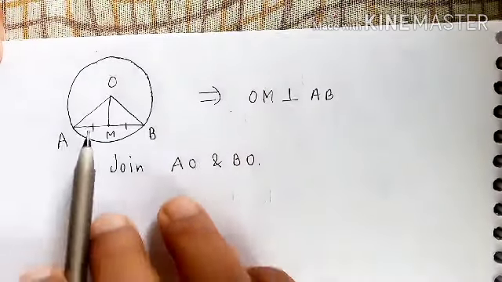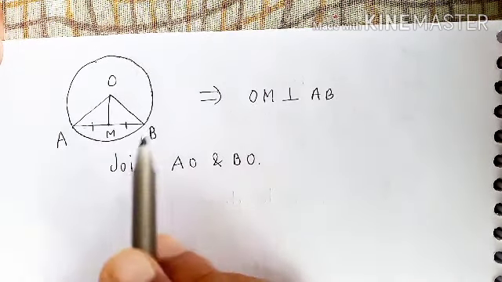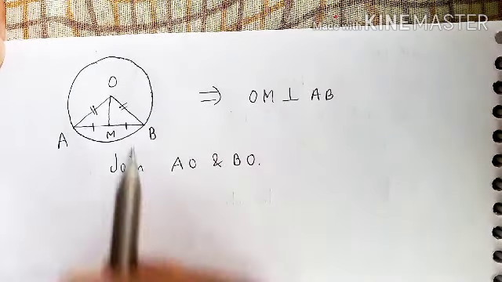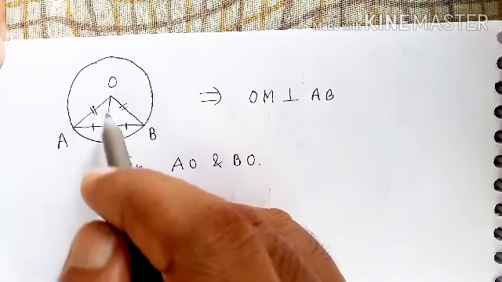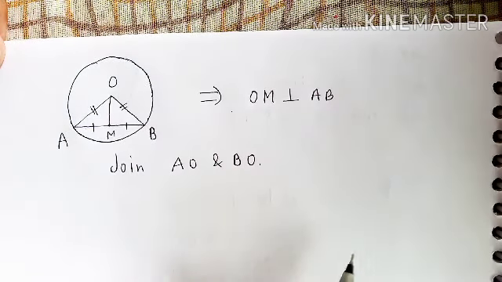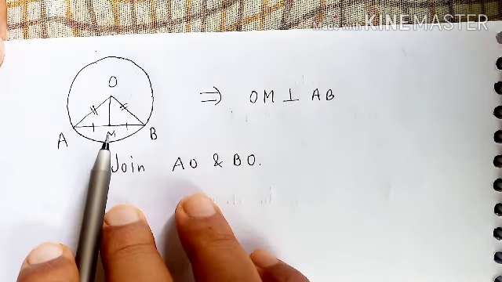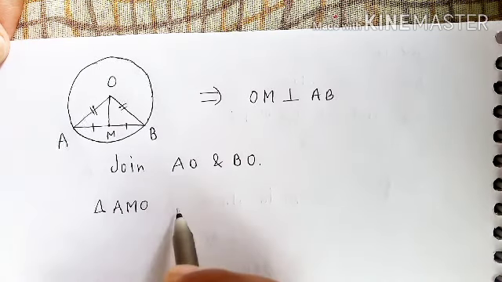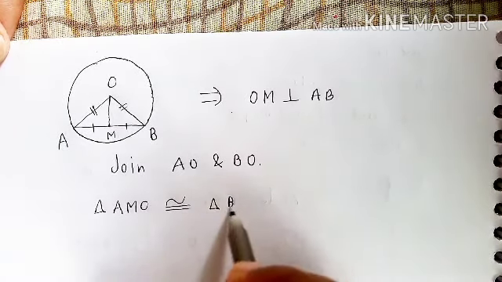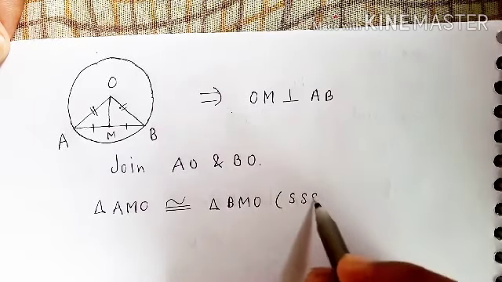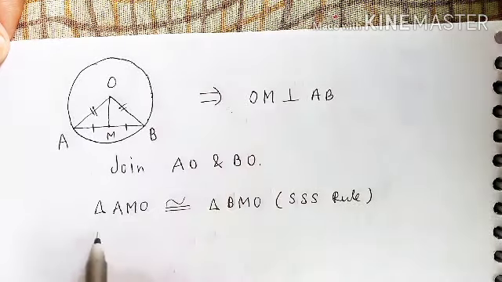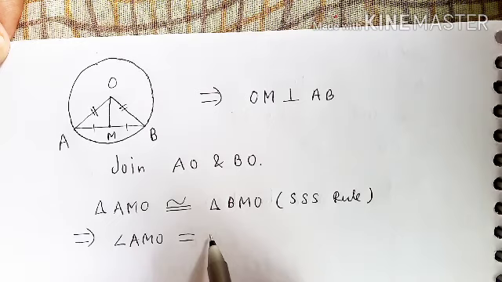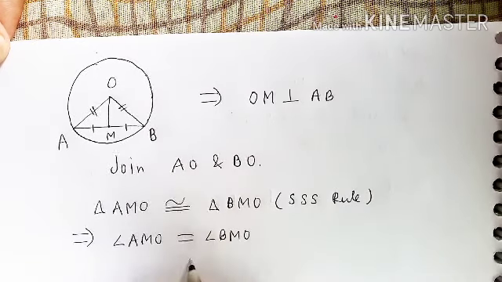Now in triangles AMO and BMO, AO is equal to BO, radii of the same circle. OM is equal to OM, common in both triangles. AM is equal to BM, given. So triangle AMO is congruent to triangle BMO by SSS rule. This implies that angle AMO is equal to angle BMO.